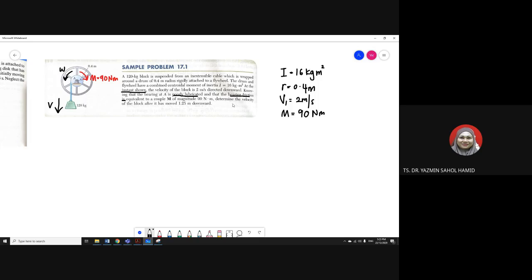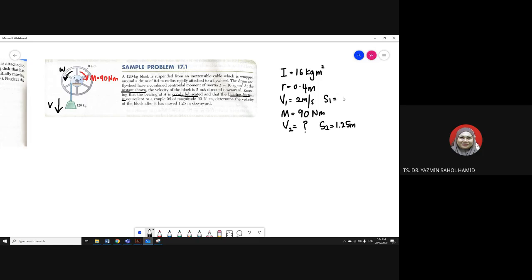Now, determine the velocity of the block after it has moved 1.25 meter downward. So they want us to find V2, when S2 is 1.25 meter.